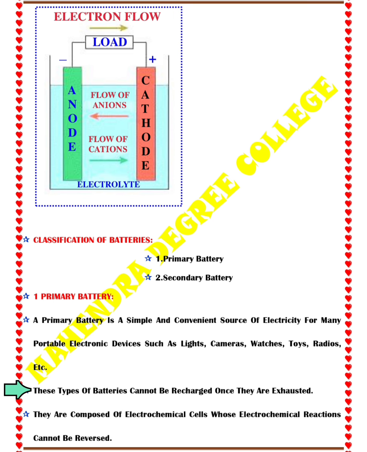These types of batteries cannot be recharged once they are exhausted. It means these types of batteries, referring to primary batteries like AA, AAA, coin cells, etc., cannot be recharged, meaning they are non-rechargeable once the chemical energy inside is used up.